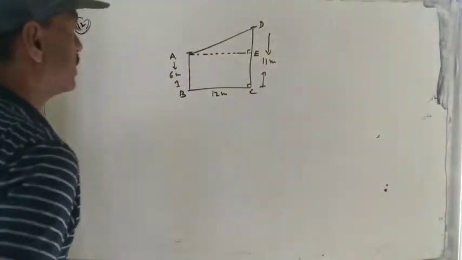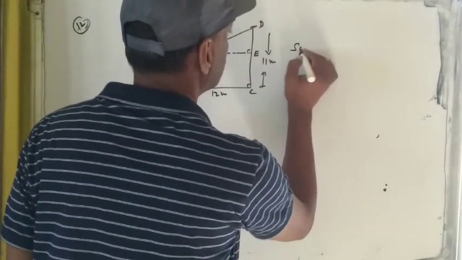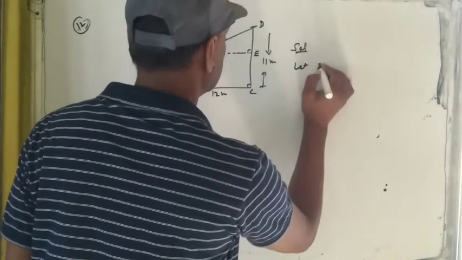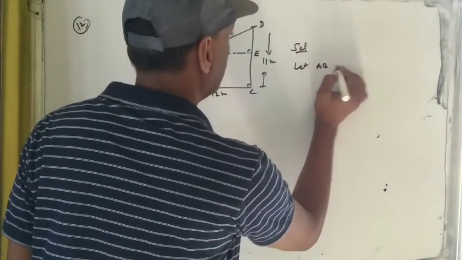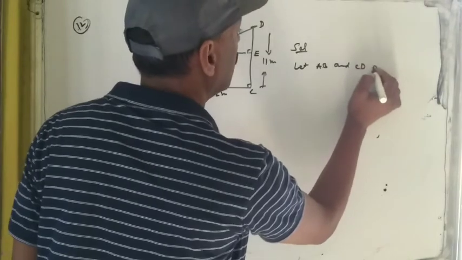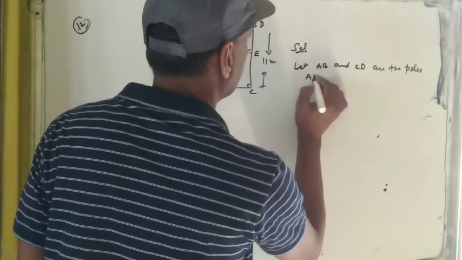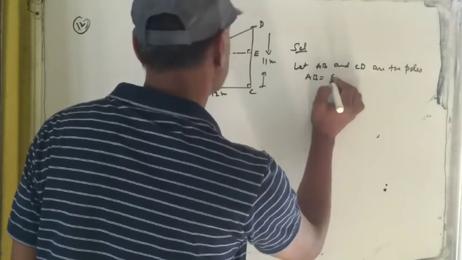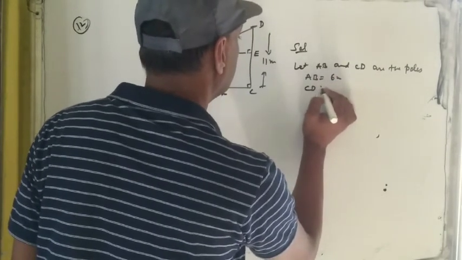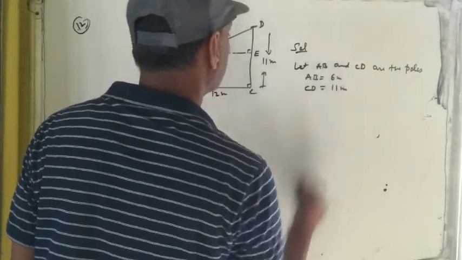So let us solve this. Solution: let AB and CD be the poles. AB equal to 6 meter, CD equal to 11 meter.